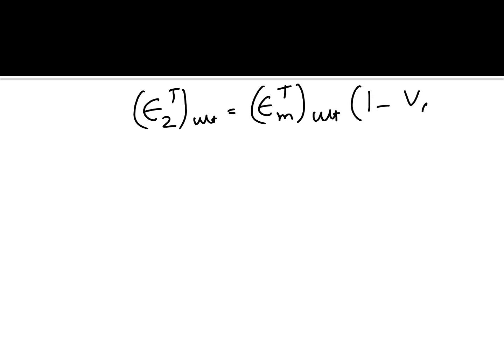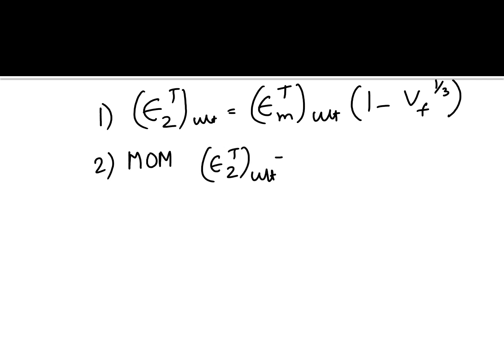There are some empirical formulas, for example epsilon 2t ultimate is simply given as the ultimate strain which the matrix can take in tension times the 1/3 power of volume fraction. That's one. Or we can use the mechanics of materials approach, and in that case the ultimate strain in tension in direction 2 is still given as a function of the strain which the matrix can take, but it is given by this particular formula here.